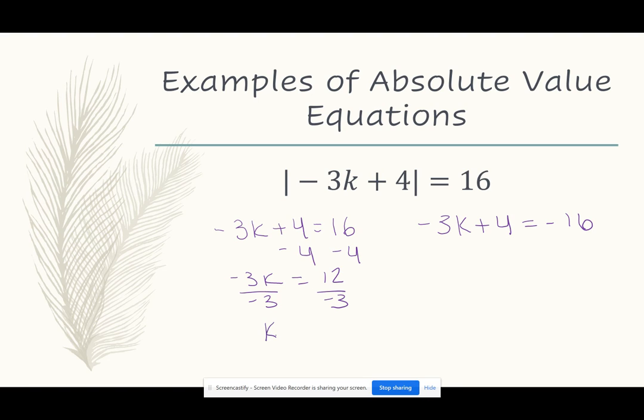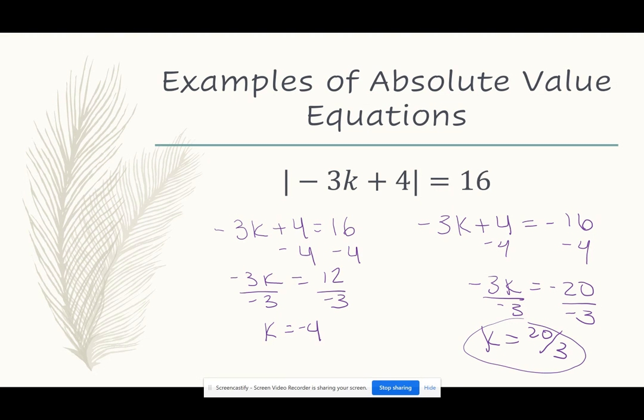So k equals -4, or k equals 20 over 3. Chances are, since we're doing this with the positive and negative, we will get fractions like this, so just keep it like that. And so our answer here is -4 and 20 over 3.